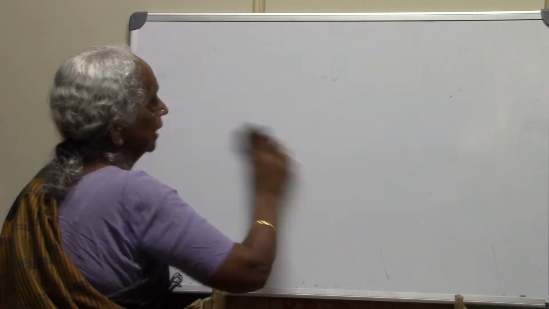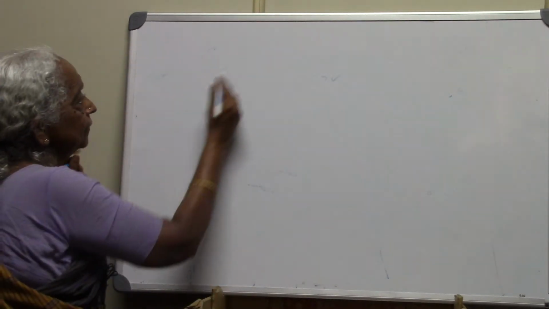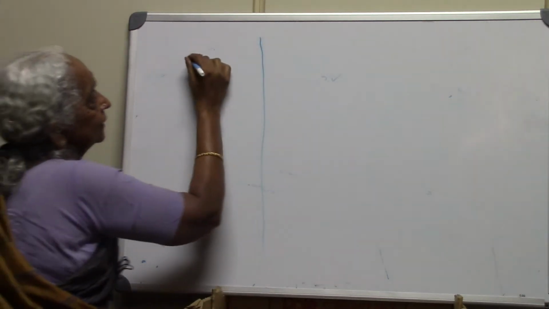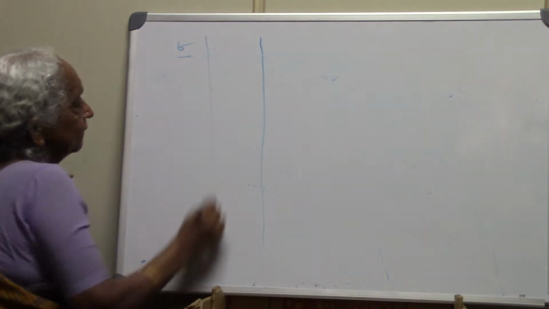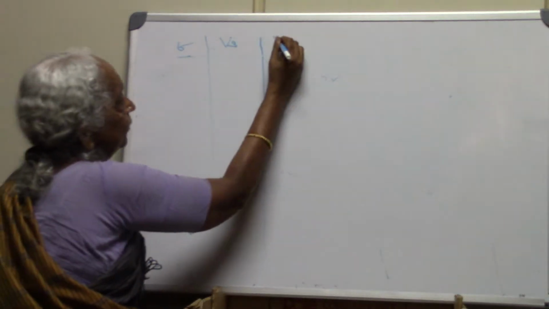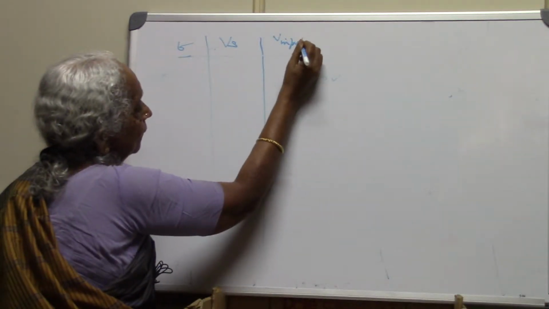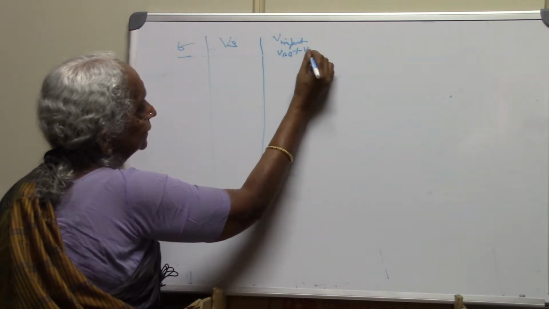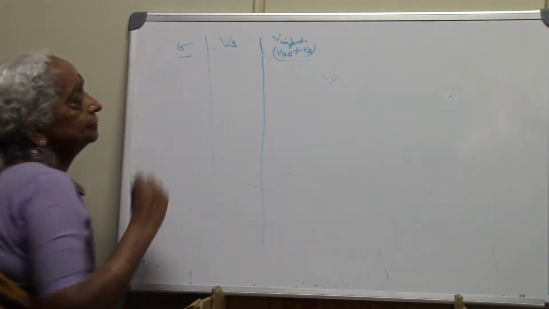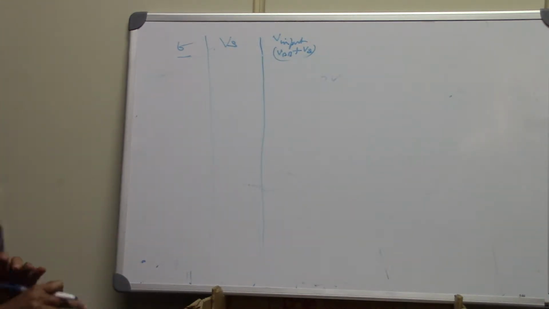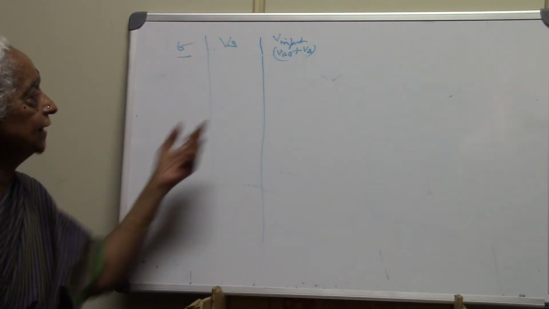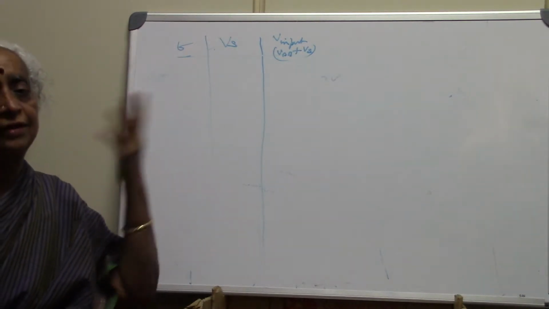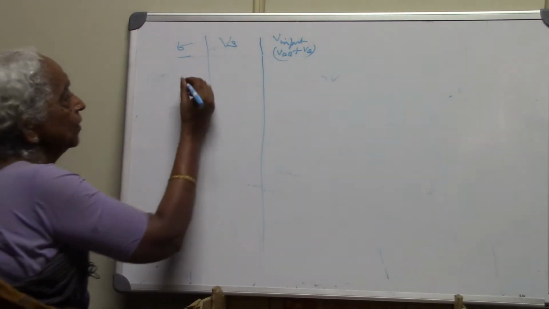For this, I am going to draw a tabular column with time here, Vs here and V input here, which is VBB plus Vs. Now the Vs may take a positive or negative value, and algebraic addition may give an answer greater than VBB or less than VBB, as we see now.